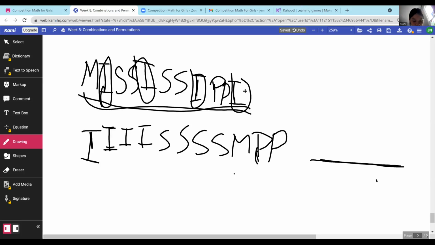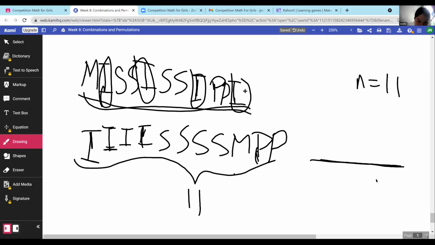Okay, so in all, there was quite some confusion on the number of letters, so I didn't spell it right. It seems there are 11 letters, I believe. So n is equal to 11. The numerator is 11 factorial.